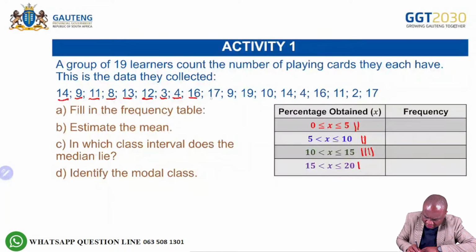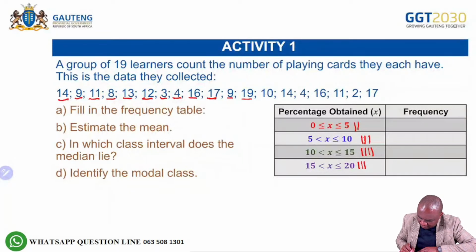Okay, I think that was another mistake. Then 17 is here. 9 is here. 19 is here. No room for mistake now.